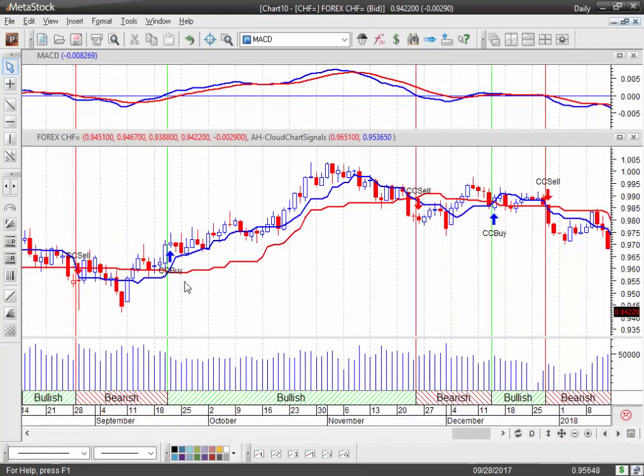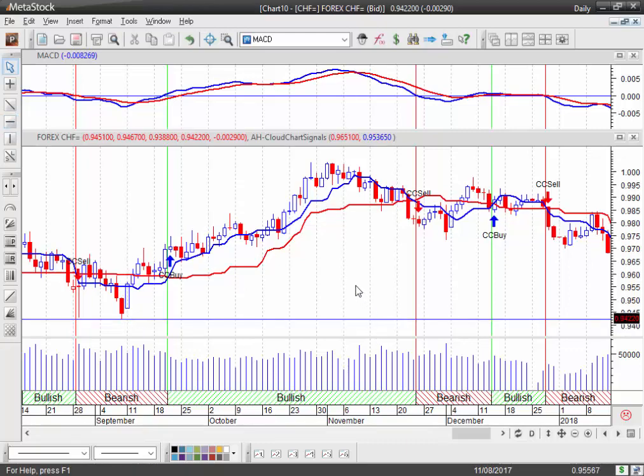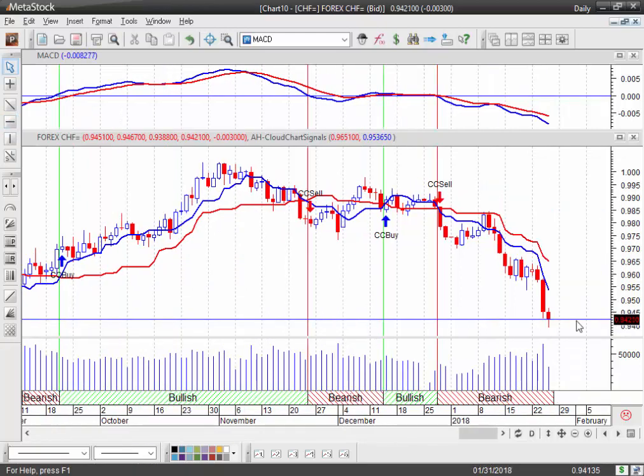Swiss franc fighting desperately for support at old lows here. Watching this level of 0.9422 very closely to see if we get that short-term rebound back up to the tech signal lines and conversion lines of the cloud chart.